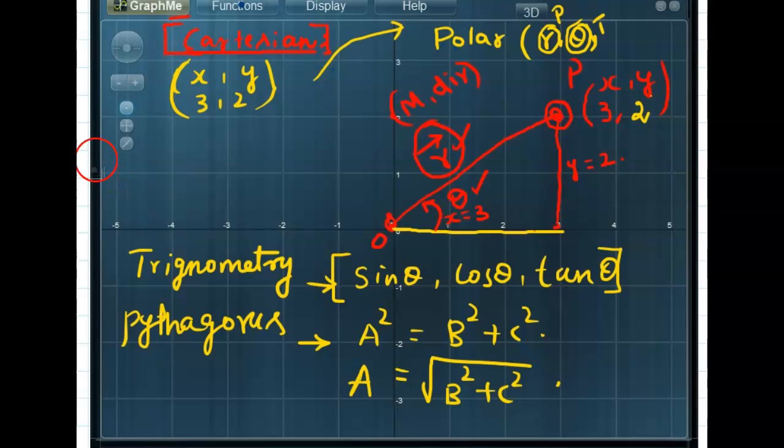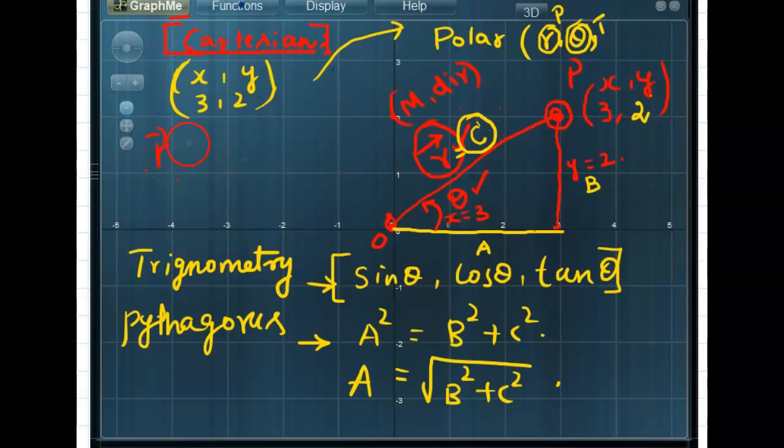So let's find r, the position vector, first. You can give a name here: the name for the x coordinate A and for the y coordinate B, and the position vector is assumed as C. So I want to find C here.